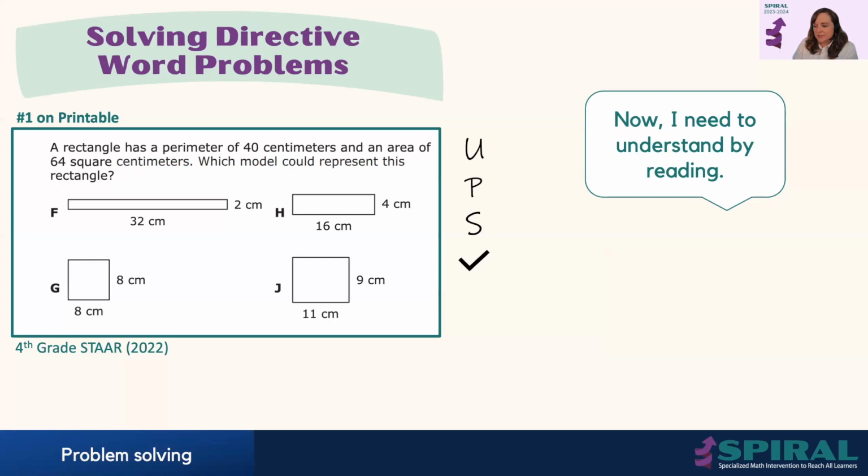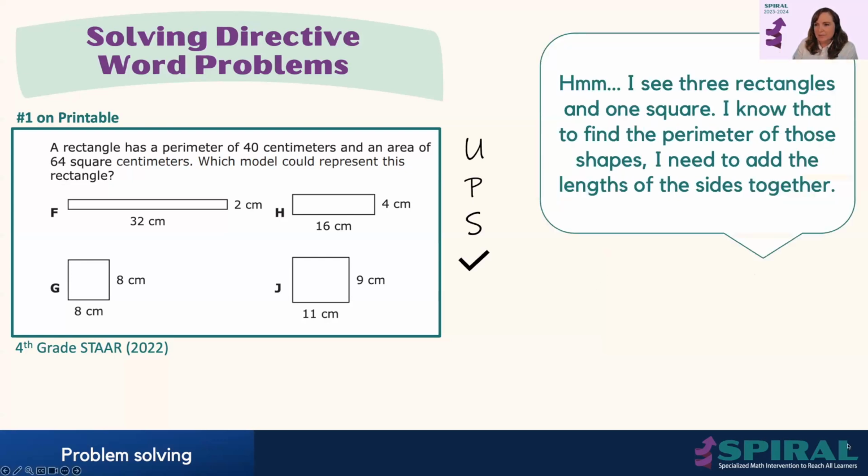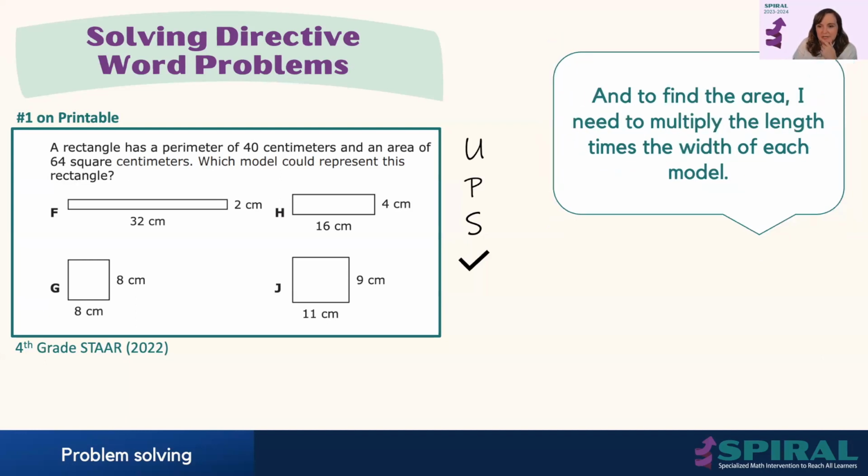Now, after I understand that problem by reading it, I really want to ask myself, well, what's going on in this problem? Well, I see in F, H, and J that I have three rectangles, and then in G, I see that I have a square. So if I'm thinking about perimeter of rectangles, I know that I need to add the lengths of the four sides together.